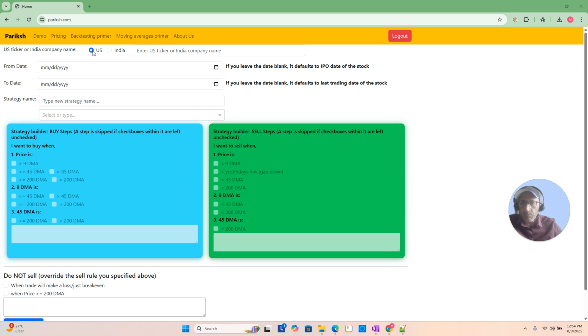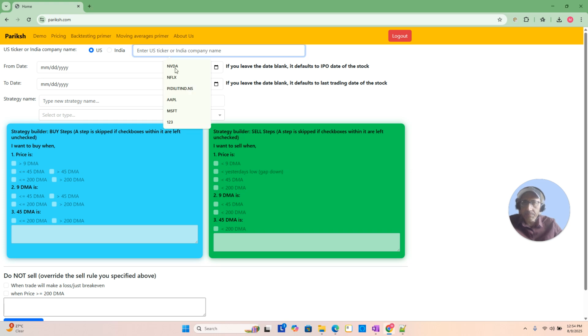This product will work with both US and India stock markets. The difference is with India stock market, you need to provide the entire company name or the beginning part of the company name. And with US stock market, you just provide the ticker symbol. I will stick with the US stock market for this demo.